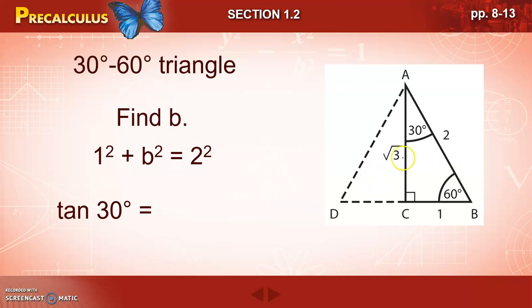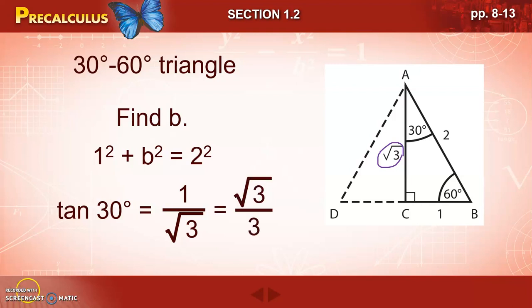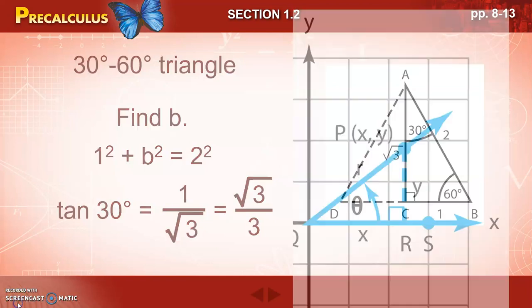We find out that side B is root 3. There it is on that triangle. Using our trig ratios, we find out that tan of 30 is 1 over root 3. Let's rationalize that denominator, and that leads us to square root of 3 over 3 as our tangent of that triangle.